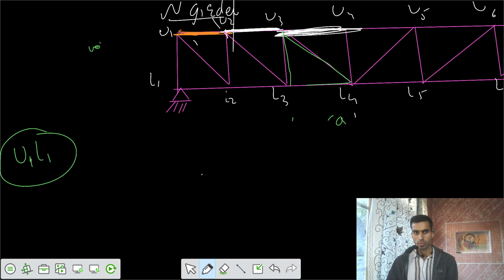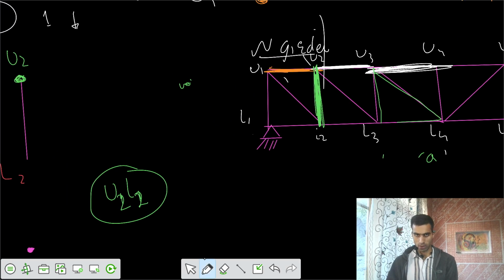I think we should take U2 L2 first. We are going to take U1, L1 later. U2, L2. Where is U2, L2? Can you guess? I think this is the U2, L2. Yeah, U2, L2. Let's think of that U2, L2.